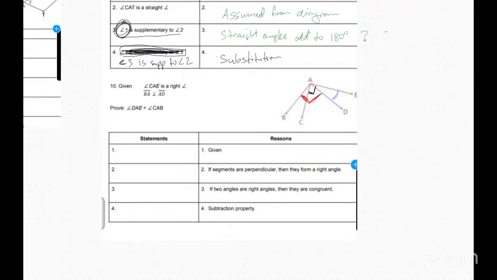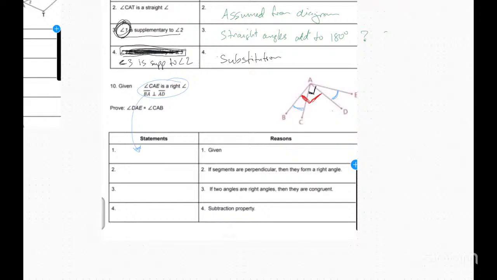All right. So they have the reasons for us, and now we just need to put the statements in. So for given, let's just go ahead and plug all those in. Let's not waste our time drawing them. Number 2, the reason was if segments are perpendicular, they form a right angle. So what did they tell us was perpendicular? BA and AD.